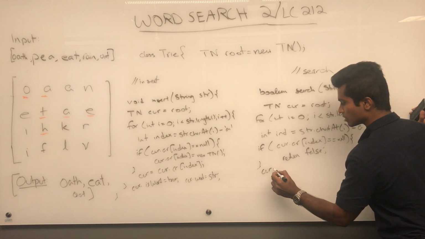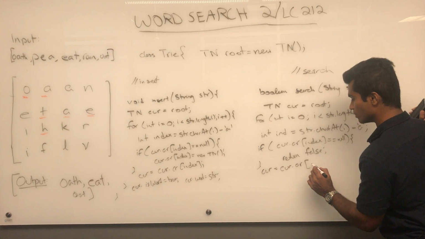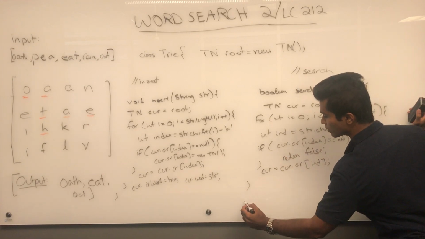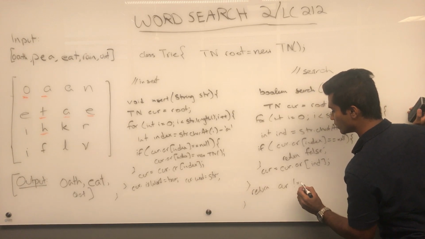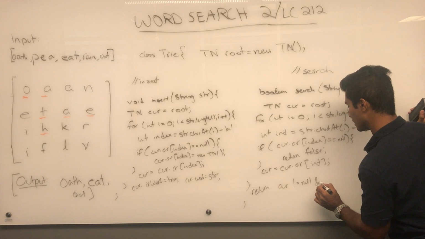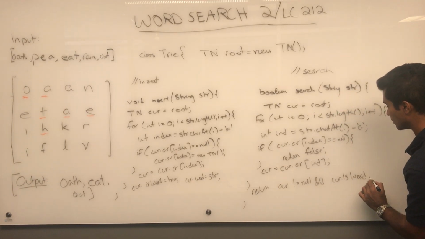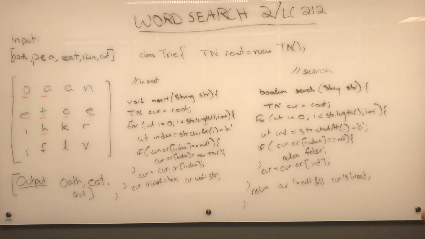Otherwise, we just continue with what's going on. And then the return is actually going to be if the cur pointer is not null and the cur is actually keeping track of a valid word. So that's what the insert and search look like for a trie class.